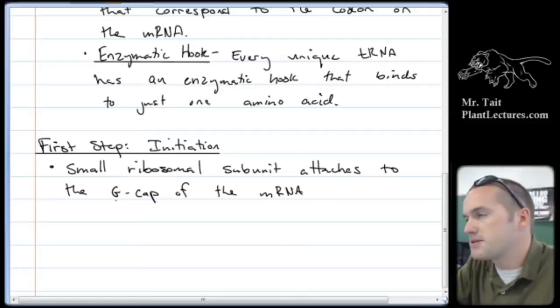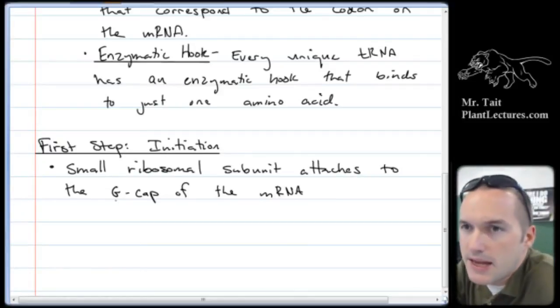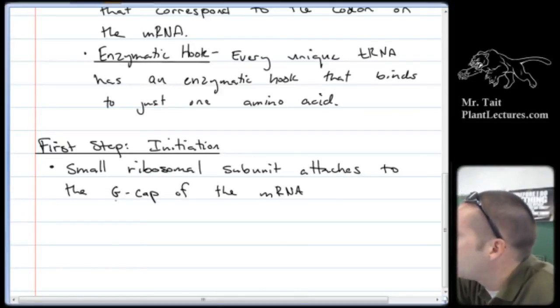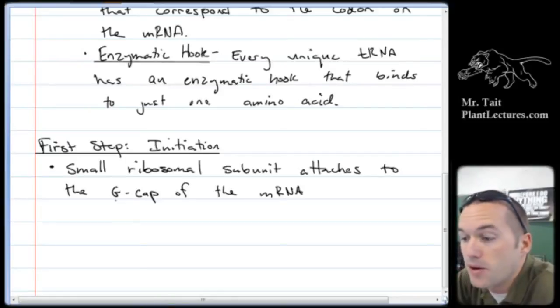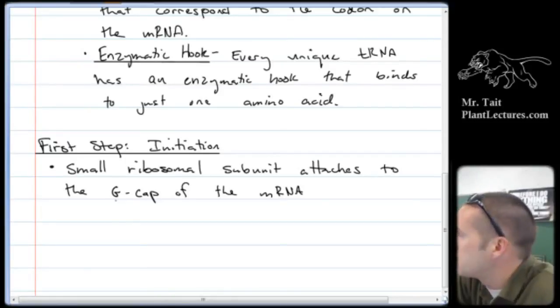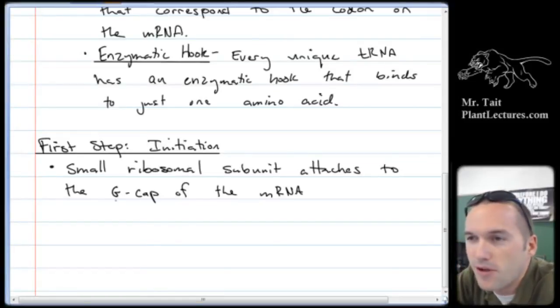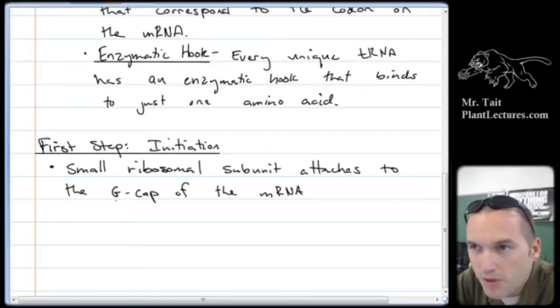If that G cap is not exposed, then it will not have a small ribosomal subunit attached to it, and it won't get made. Okay, so we'll talk about this later, but there's an interesting little interaction here where we're finding more and more about this stuff called miRNA or microRNA, and microRNA's main job is to interfere with mRNA.